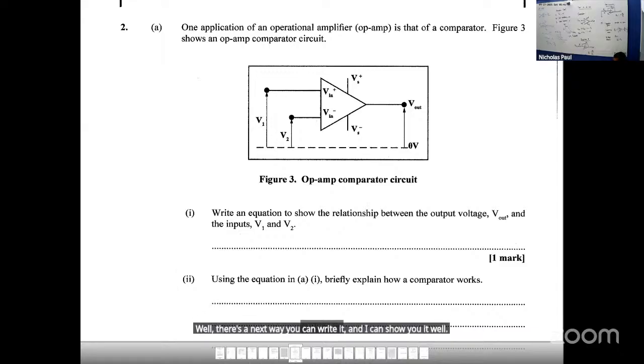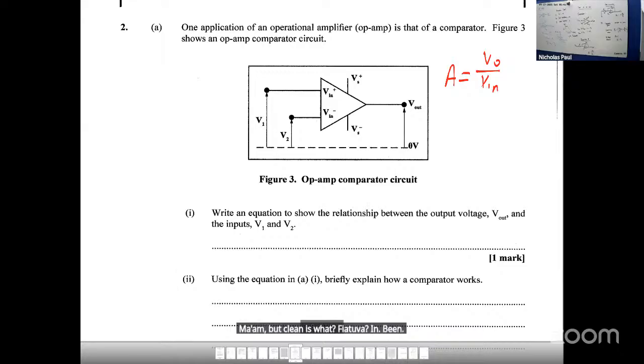You can write it from here, but it's not going to help you explain how it works. But here's what you can also do. Remember, gain is V out over V in.